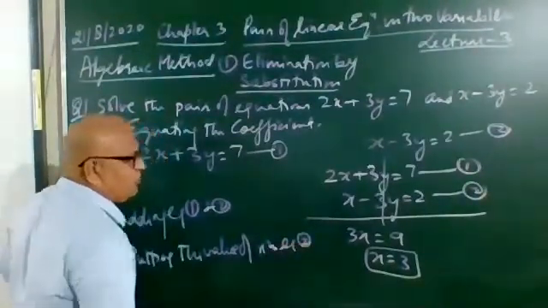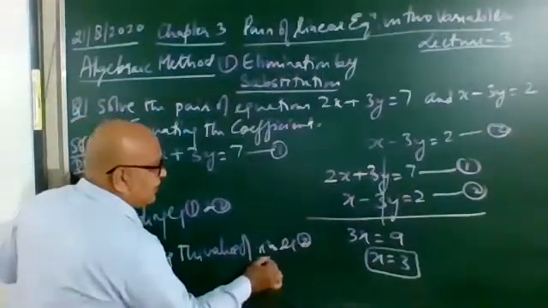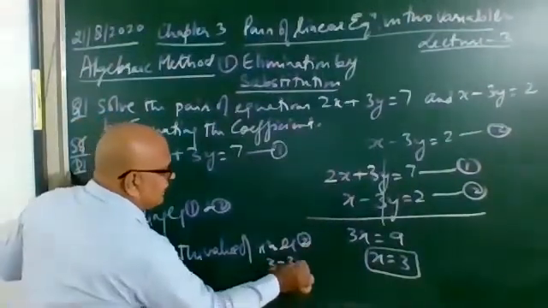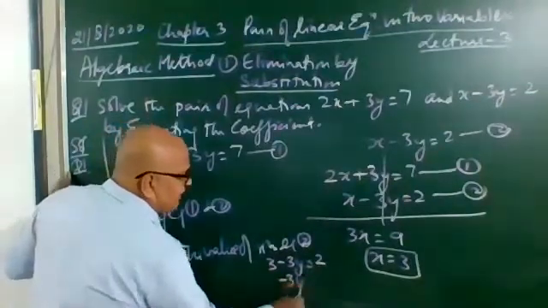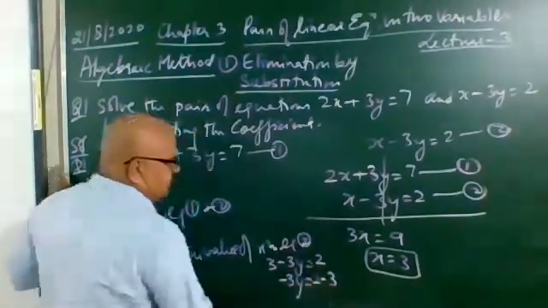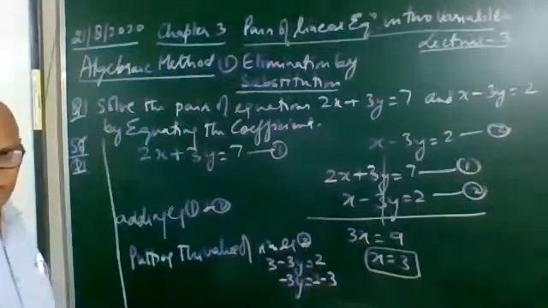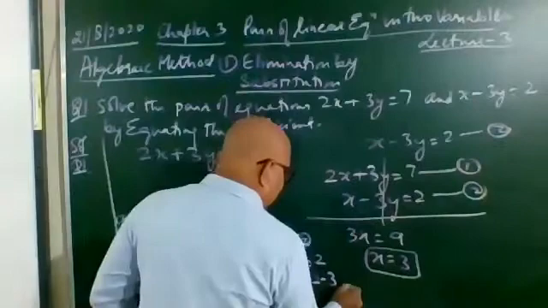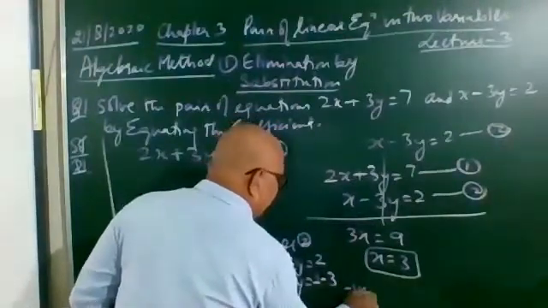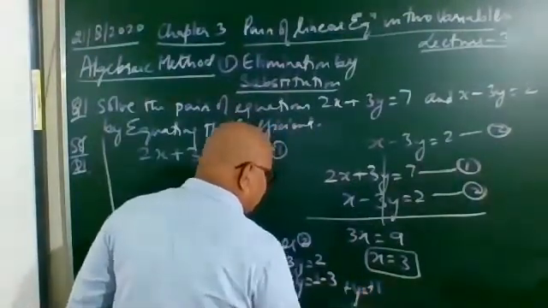It depends on you, 1 or 2. So 3 minus 3y equal to 2. So minus 3y equal to 2 minus 3.